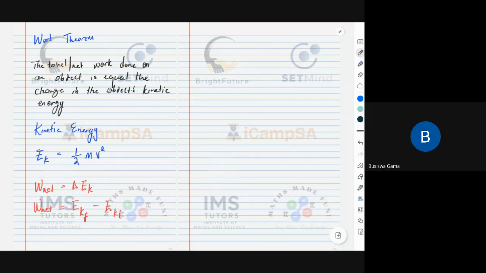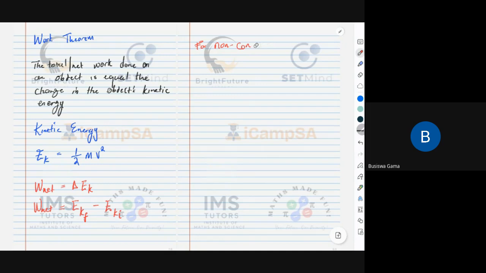So then we also have a net work that is done by non-conservative forces. So that work would be a bit different from this. Okay, so let me write it here.